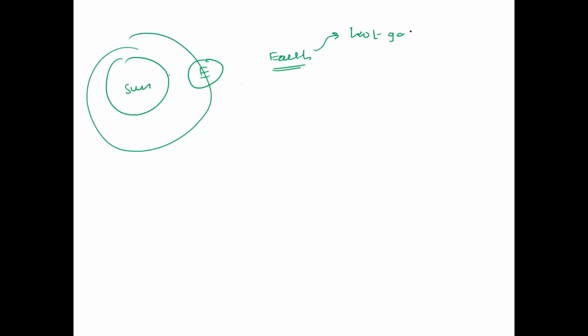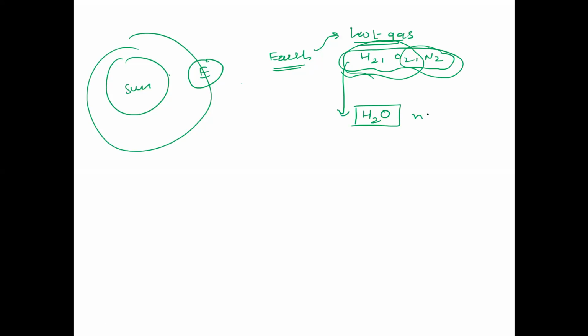So these are the hot gases present on the earth, like H2, nitrogen, oxygen, whatever hot gases are there. Then these hot gases must have reacted with each other, and that is the cause for the formation of H2O, that is water.